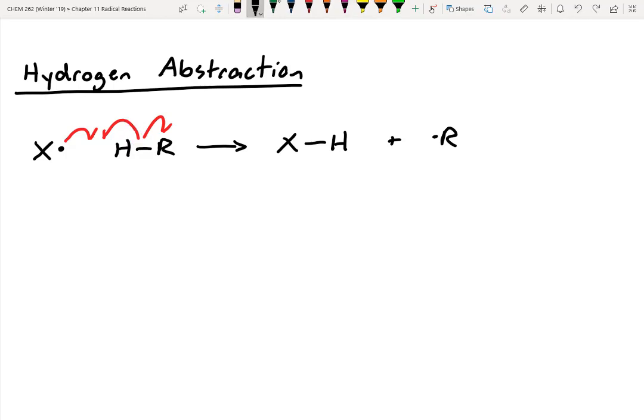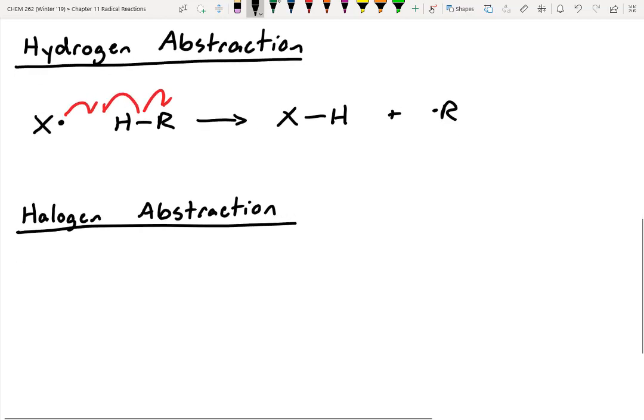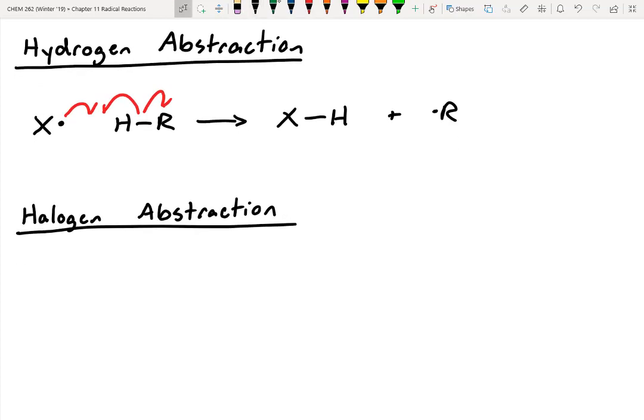All right, and then the next one is halogen abstraction. And this one's pretty popular with fire extinguishers. So some fire extinguishers are full of these special halogenated compounds. And what will happen is in a fire, you create a lot of radicals.